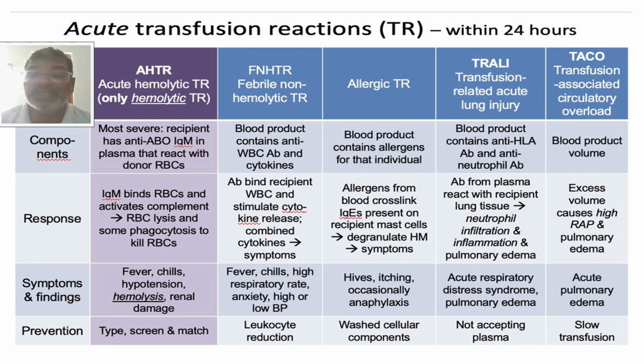Coming to the TACO, that is transfusion-associated circulatory overload. This is because of the increased blood product volumes. Massive transfusion, that is 4 to 5 liters within 24 hours, or more than 2 liters within 3 to 4 hours, will cause TACO, transfusion-associated circulatory overload, and there will be excessive volume causing high RAP and pulmonary edema.